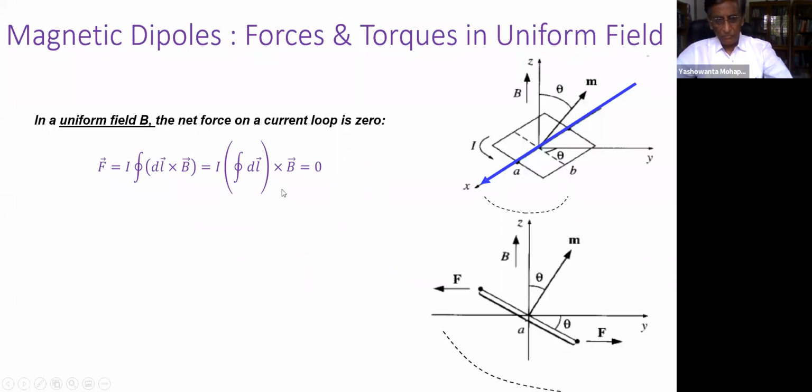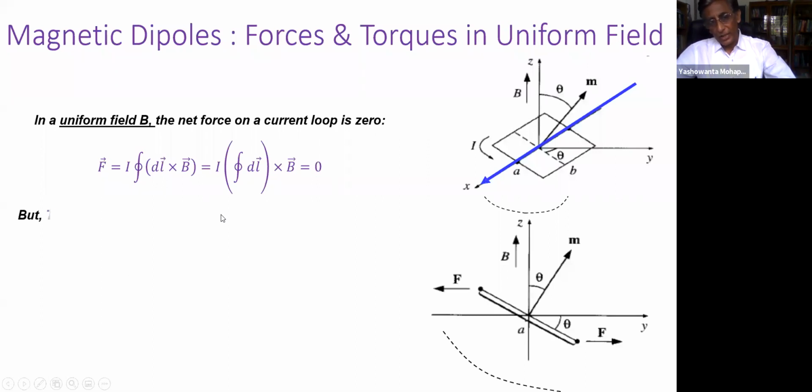From the force point of view, F is zero, but there can be a torque because these horizontal forces are still there. They're equal and opposite, but they would give a torque. So force is zero, but there will be a torque.